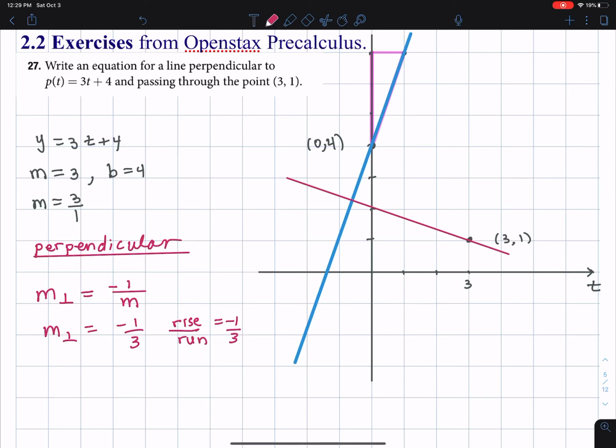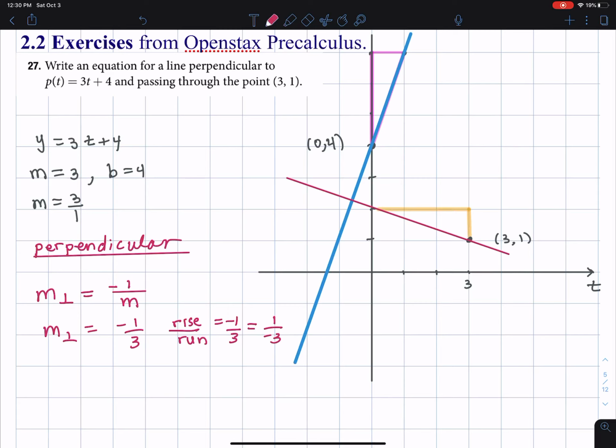But we could also consider this as 1 divided by negative 3, which means going up by 1 and to the left by 3. So this picture, I just sort of guessed, but it's exactly right, I think.